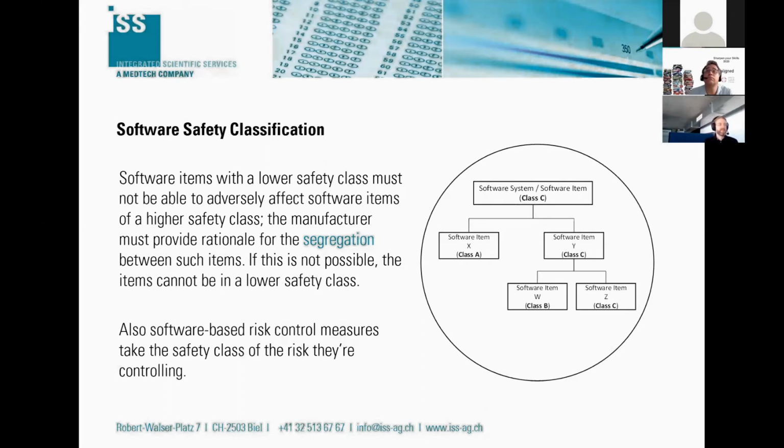In this case, we have mostly Class C software system with some small components that are Class A or Class B. But the important part is, if you have lower classed software components, you may need to make sure, or at least provide a rationale for it, that there is a segregation between the lower class and the higher class components, because if your lower class component can fail and adversely affect the higher class, then well, it can't be classed lower, because it would obviously lead to a risk that's higher than it was classified for.